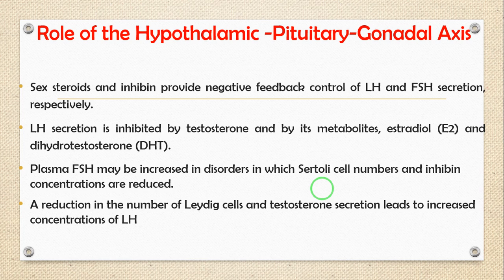Whenever we have a disease that leads to a decrease in the number of Sertoli cells in the testis, for example if there is severe infection that leads to fibrosis, or when the testis is exposed to radiation or certain surgery, whatever disease affects the testicular tissue and decreases the number of Sertoli cells, this will decrease the inhibin, and as a feedback mechanism there will be an increase in the secretion of the follicle stimulating hormone from the pituitary gland as a compensatory mechanism, trying to compensate for the decrease in the number of Sertoli cells and for their action.